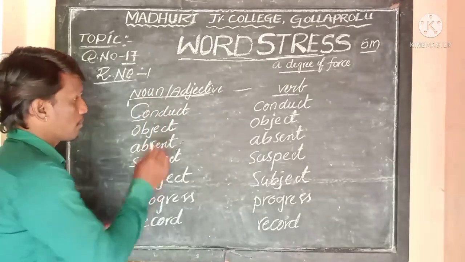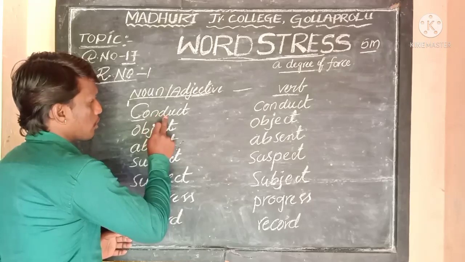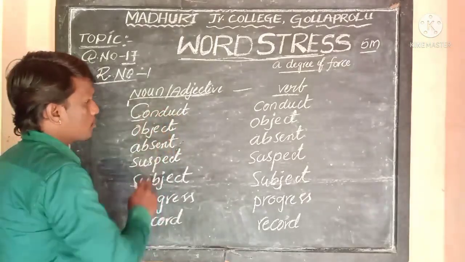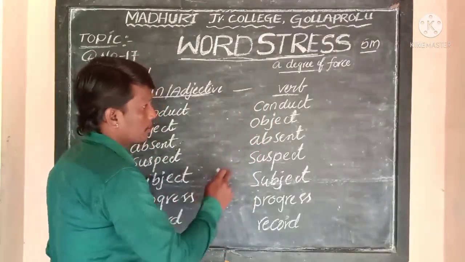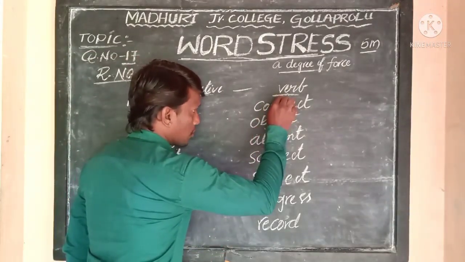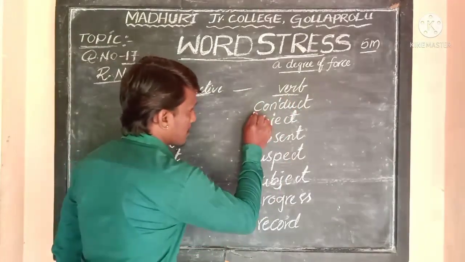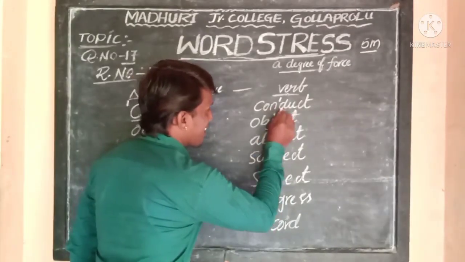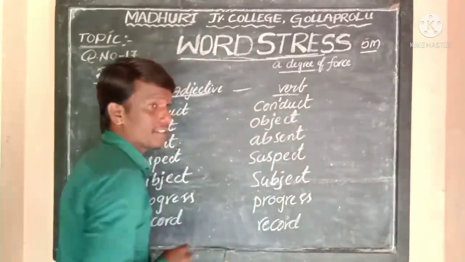Whereas when it comes to the same word conduct, with the same pronunciation, if it is used as a verb, stress is on the second syllable. What is the second syllable? Here the first syllable is ka and the second syllable is da. These are the 2 syllables, and conduct is a disyllabic word.